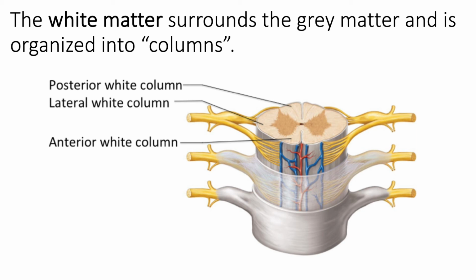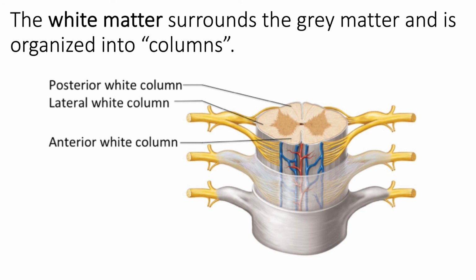So there is an anterior white column on the anterior side of the spinal cord. There are right and left anterior white columns. On the lateral aspect of the spinal cord is the lateral white column, the right lateral white column and the left lateral white column.